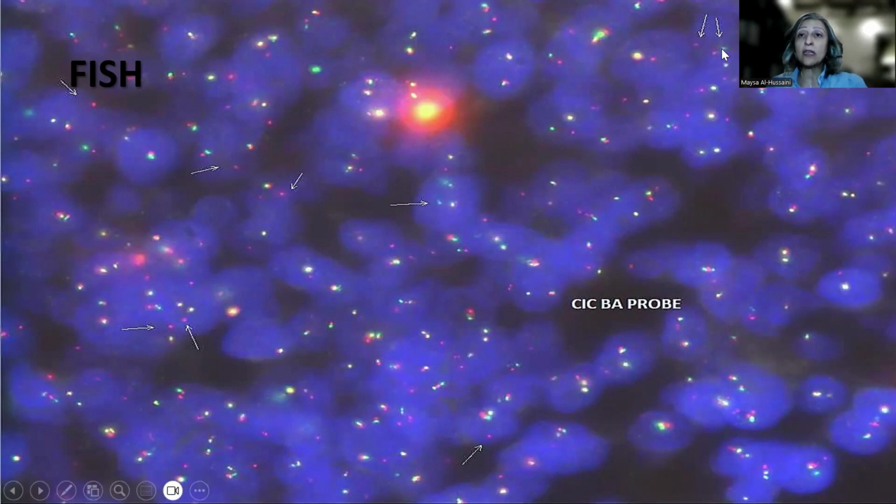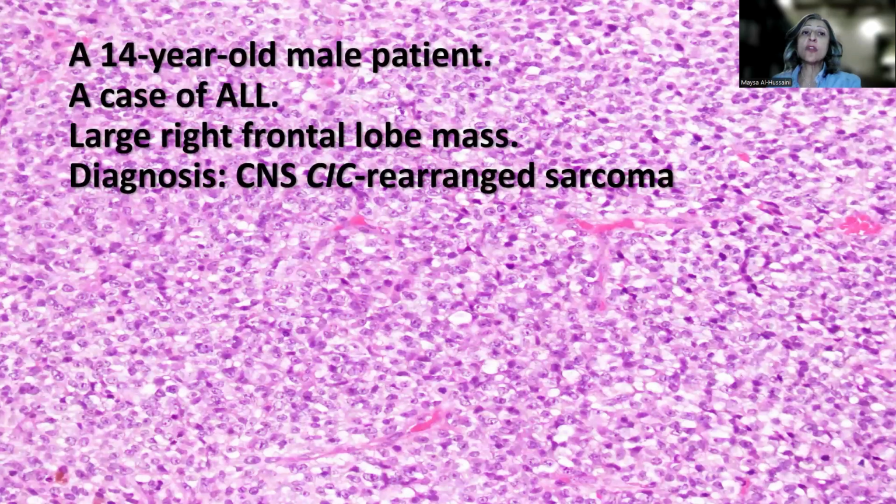Again, this is a beautiful example where we have the green and the red signals separate, which means that we have the CIC rearrangement supporting the diagnosis of CIC-rearranged sarcoma in this case. So the final diagnosis that was rendered for this unfortunate child is CNS CIC-rearranged sarcoma.